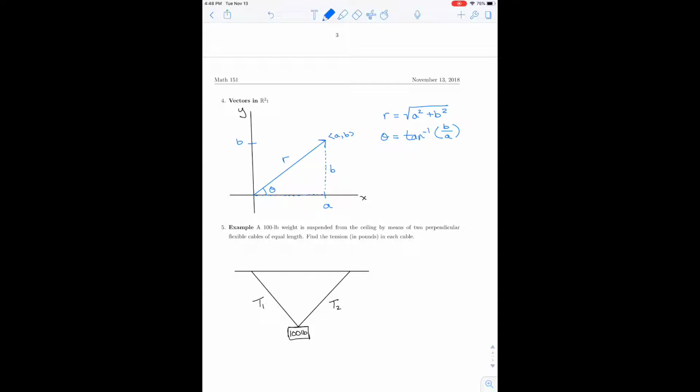Now it's important to be able to start with a description in r and theta and get back to the coordinates x and y.